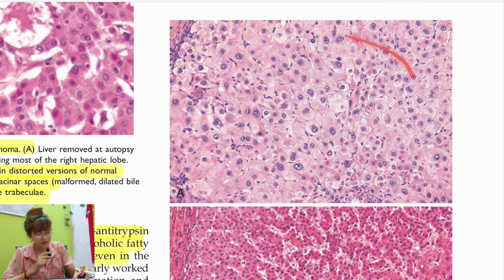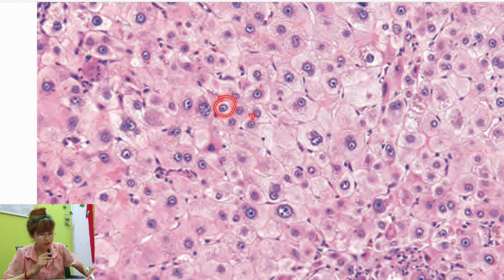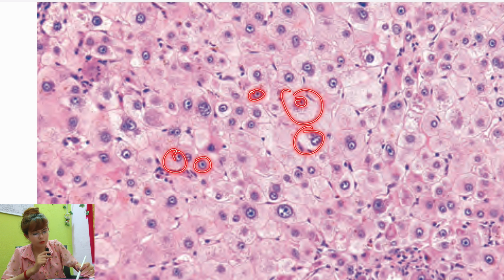Here this image shows you the large cell change: these hepatocytes have become large and the nuclei are very pleomorphic. They also have prominent nucleoli.